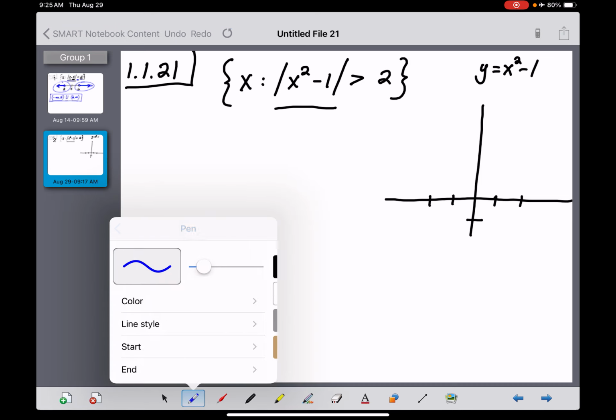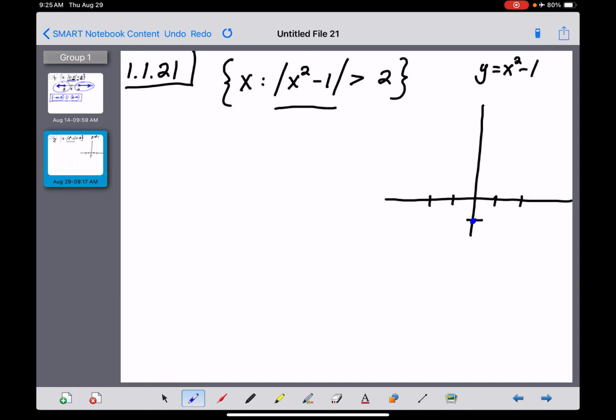And here we go. So we're shifted down 1, so our vertex is at (0, -1). And because our a value there on the x squared is 1, this is a quote-unquote normal or standard parabola, meaning from that vertex we would go right 1 and up 1 and get a point right here. Left 1, up 1 would get us a point right here.